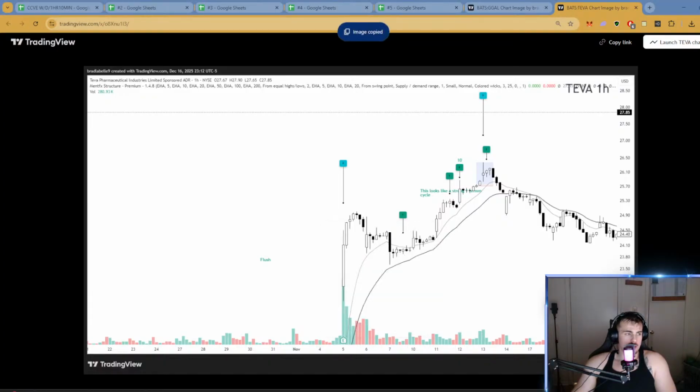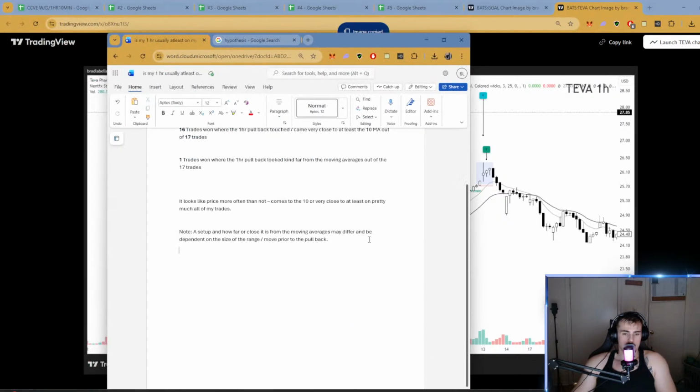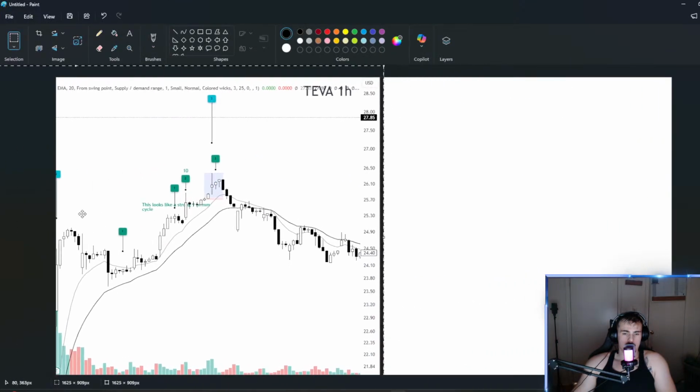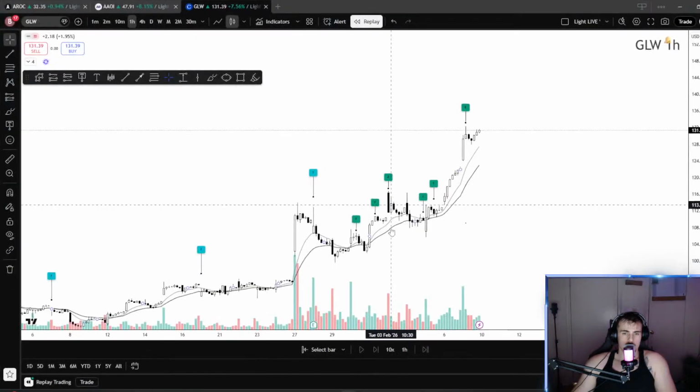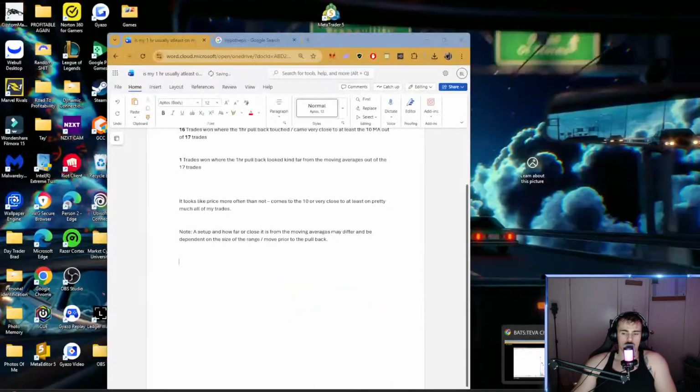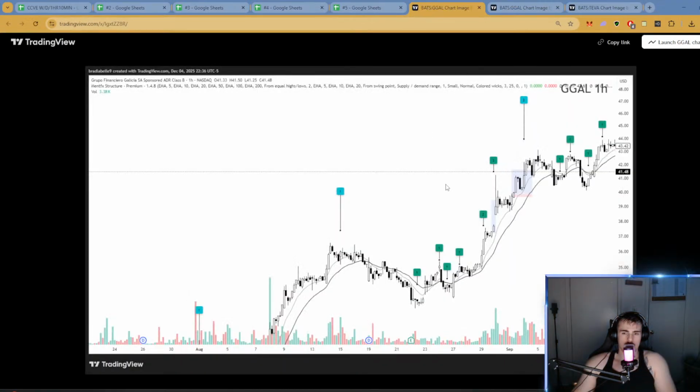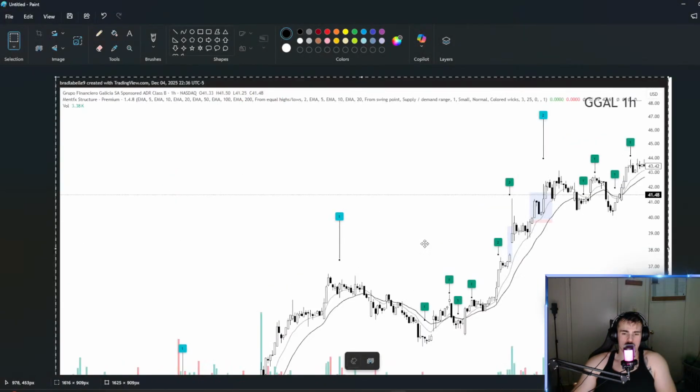I'm actually going to take this and add it. I'm going to go back in here and grab the other winning trade with this big range, and put them side by side in here.